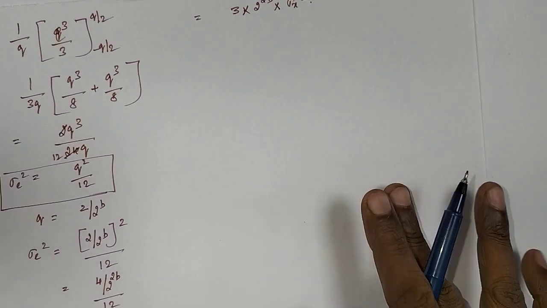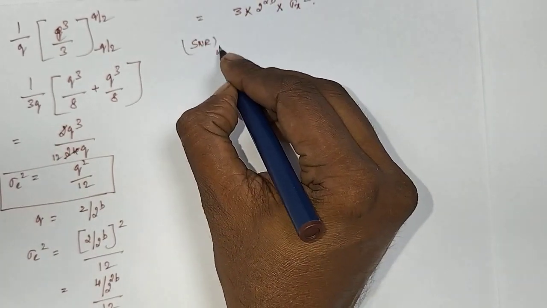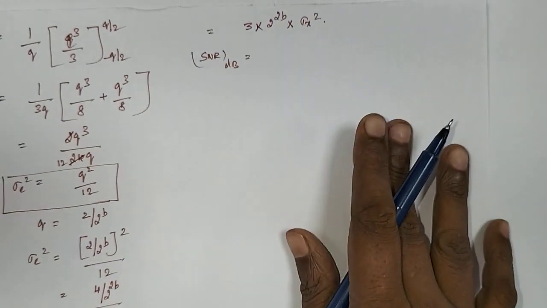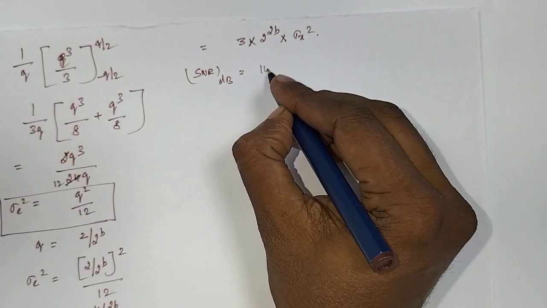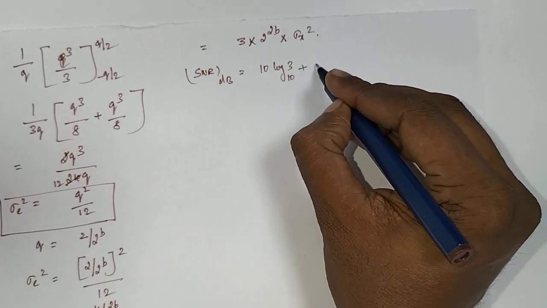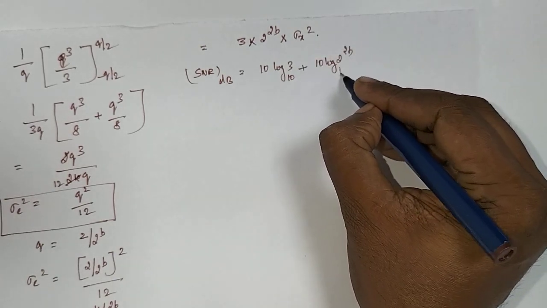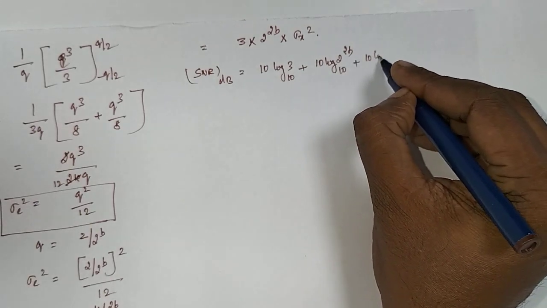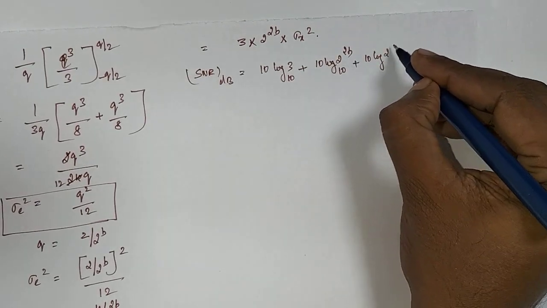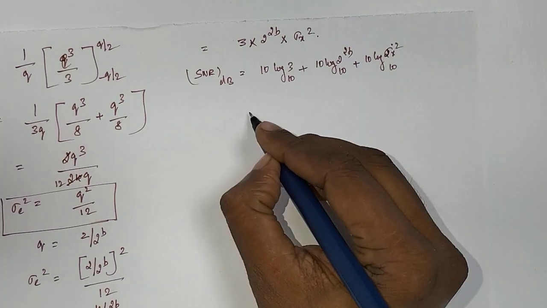Representing in terms of dB, SNR in dB is equal to 10 log of 3 base 10 plus 10 log of 2 power 2b base 10 plus 10 log of sigma x square.